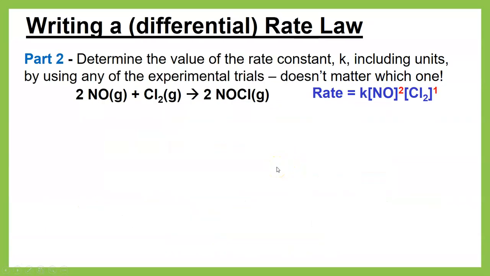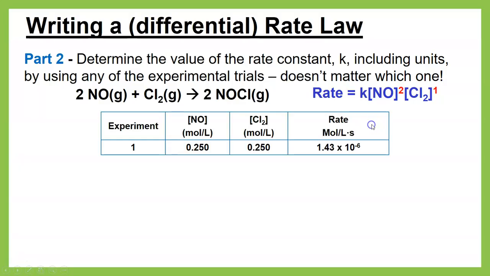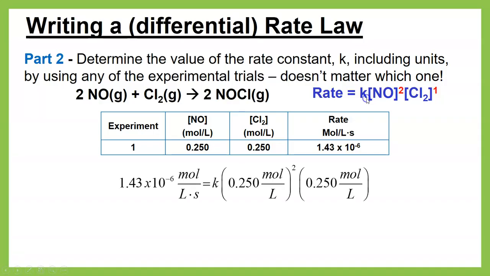Now, let's try to figure out what the rate constant would be. We have our equation, but we still don't know K. So what I can do is take any of the trials, it doesn't matter which one, and plug in the concentrations and the rate, and the only thing left to solve for would be K. Rearrange.